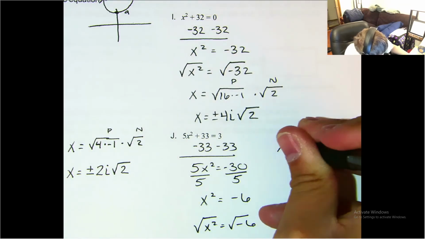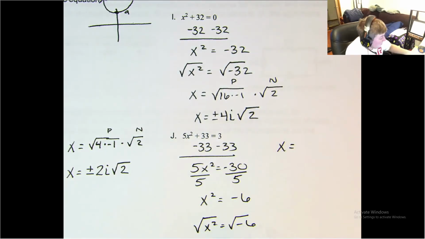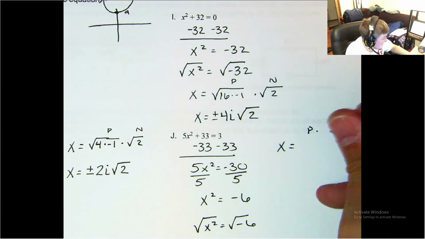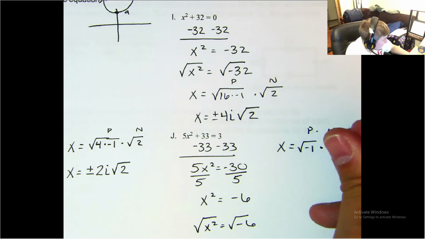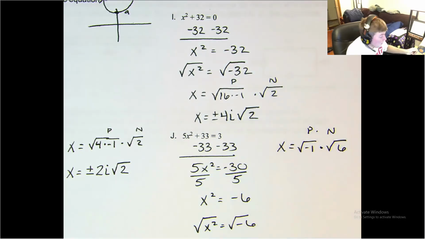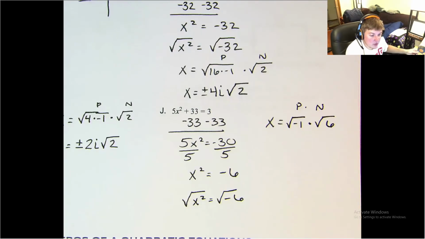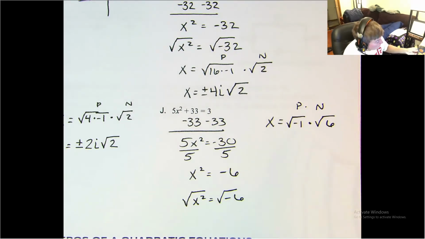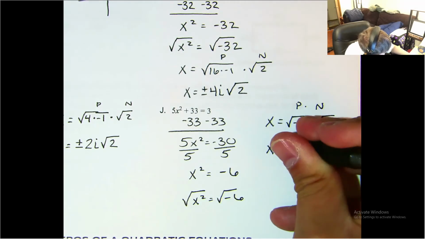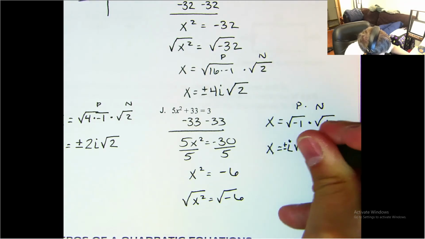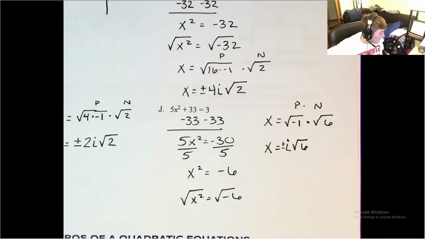Okay, and then we get x is equal to, well, there is a perfect square that divides into negative 6, and it just happens to be negative 1. Otherwise, 6 has no other perfect squares that divide into it, meaning that the perfect square here that divides out is i, plus or minus i square roots of 6. Okay.